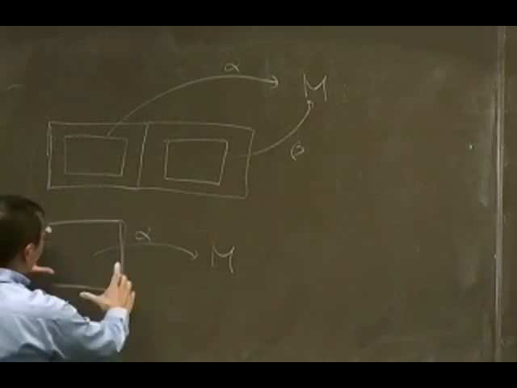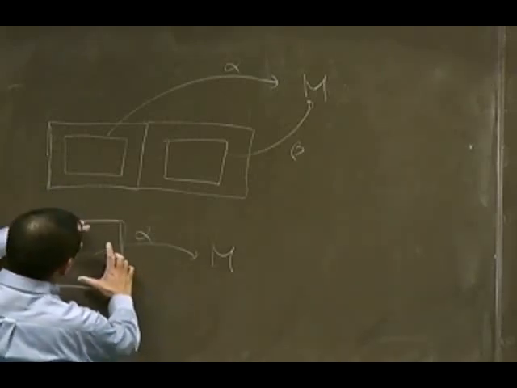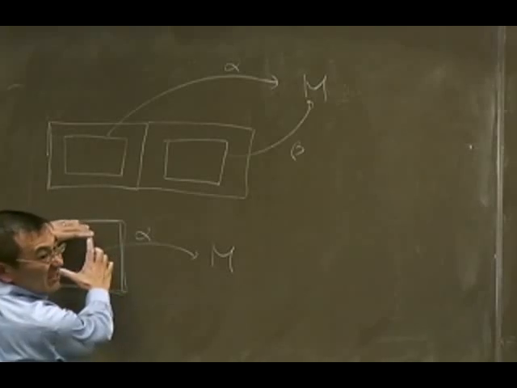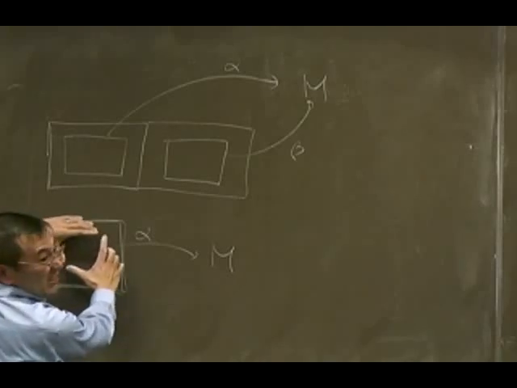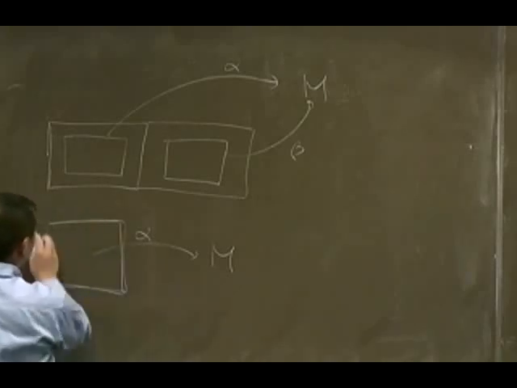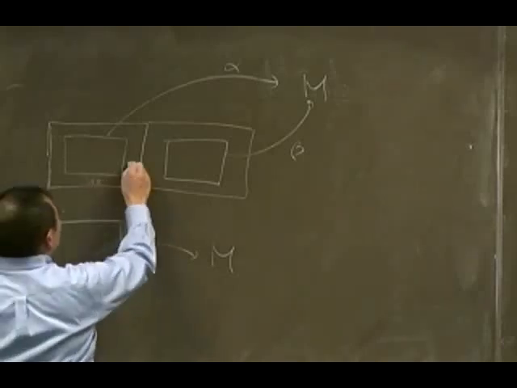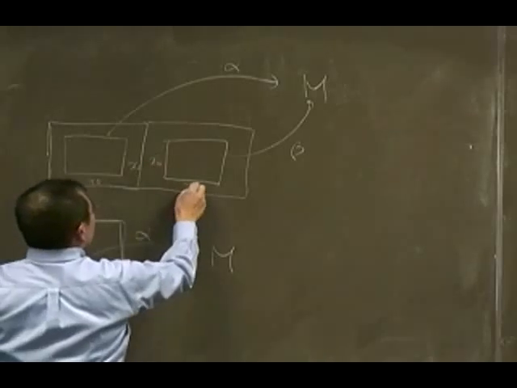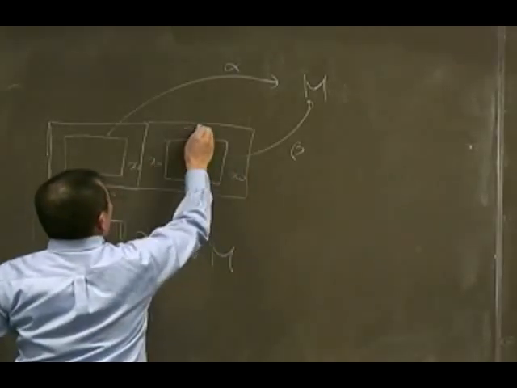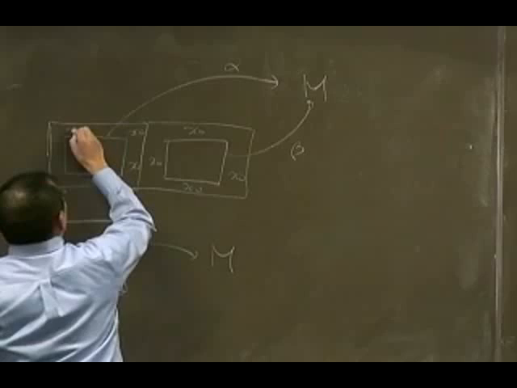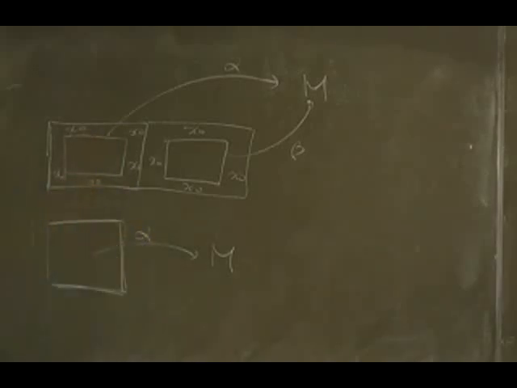What I'm going to do is scale and shrink this region a little bit, and then attach some constant piece outside. So this region is entirely mapped to x0. All these regions are mapped to x0. You see what I mean?